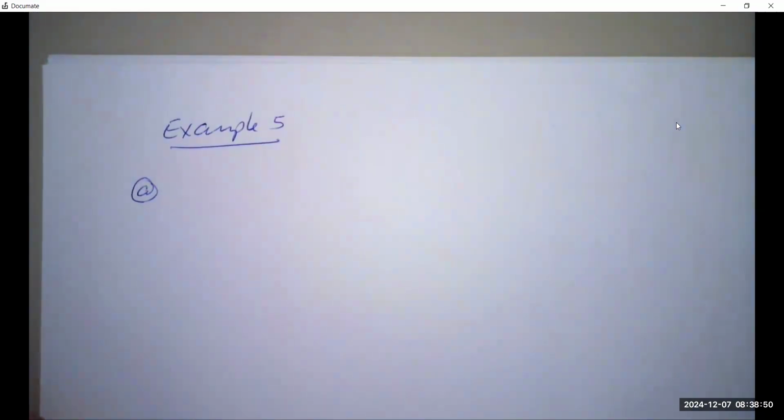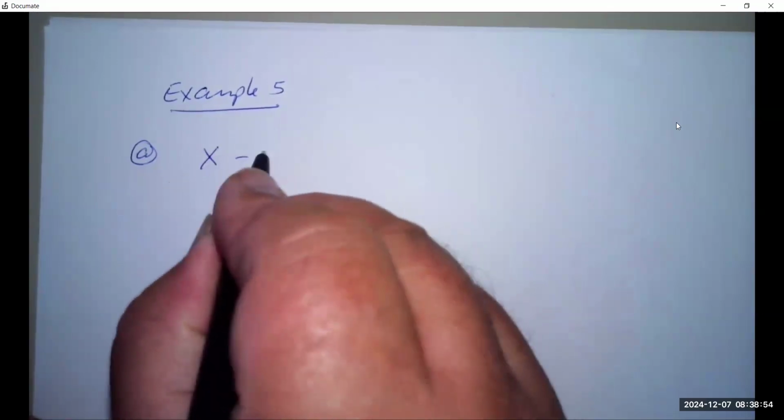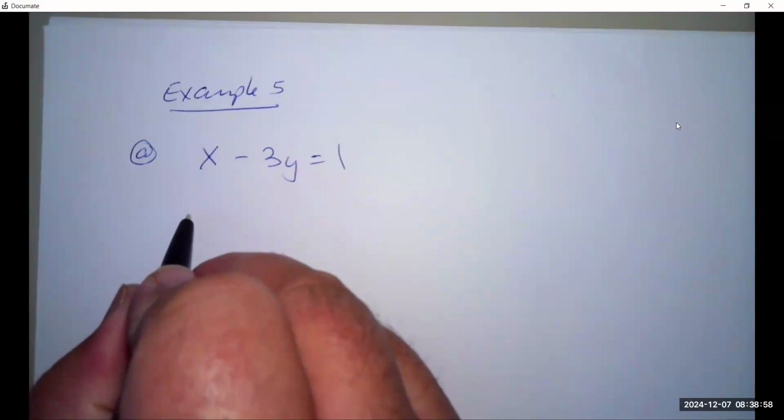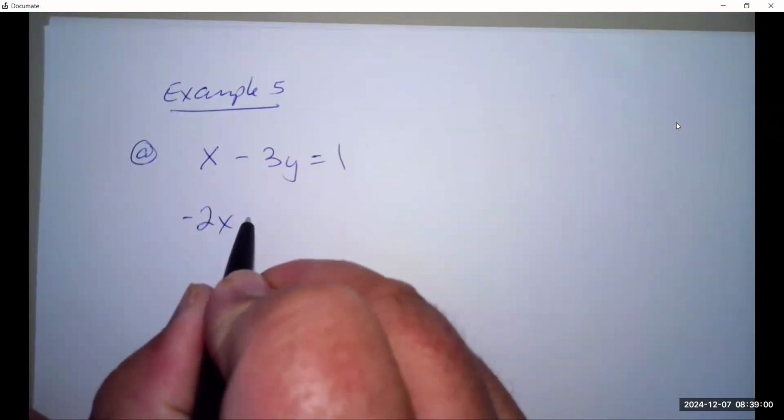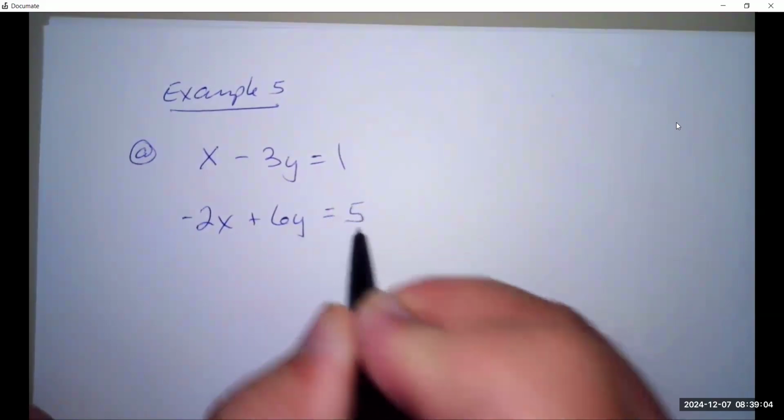Let's look at some special situations on these. We'll look at both elimination and substitution. So we have x minus 3y equals 1 and negative 2x plus 6y equals 5.